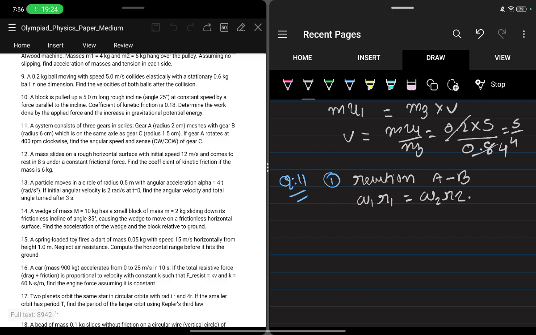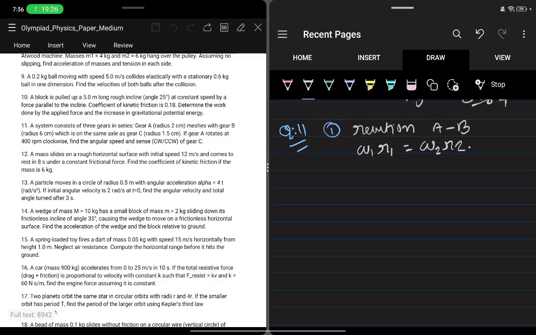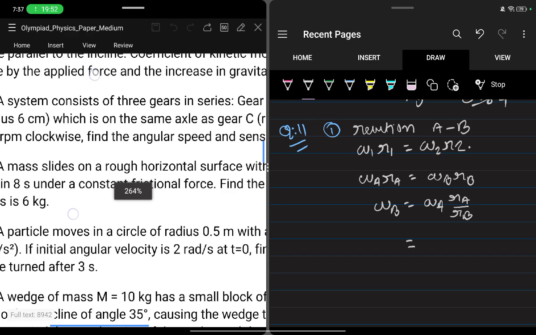Also, you need to remember that meshing external gears rotate in opposite direction, okay? So omega A RA is equal to omega B RB. So from here omega B is equal to omega A multiplied by RA by RB, right? Now omega A is given, that is 400 RPM, as you can see.